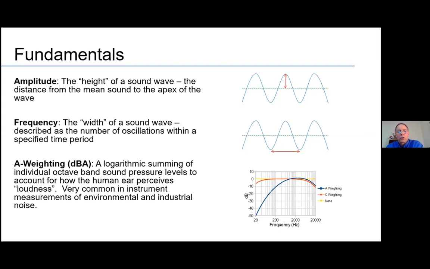There's a strong relationship between the frequency and the loudness of the sound and how well the human ear perceives that frequency sound. And so very often things are given an A weighting to account for the fact that you typically will hear mid to high frequencies better than you might low frequency sound.